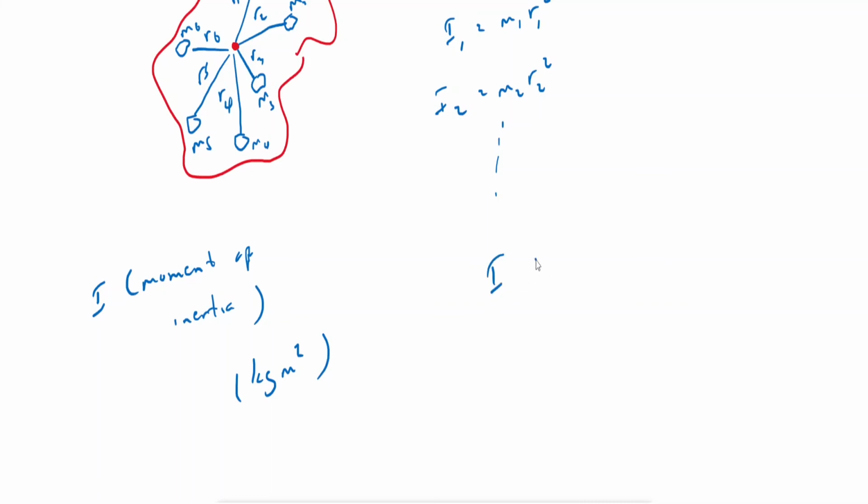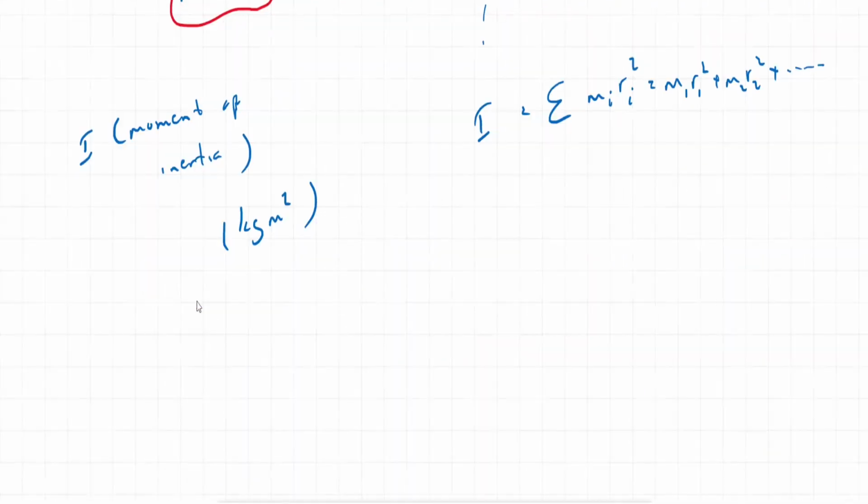So the total inertia would be the sum of all the mi's and the ri's squared. This is just like m1 r1 squared plus m2 r2 squared plus and so on. Now you can do some calculus, whereby you do some integration and all of that. I'm not going to show you here. I'm just going to give you the results.